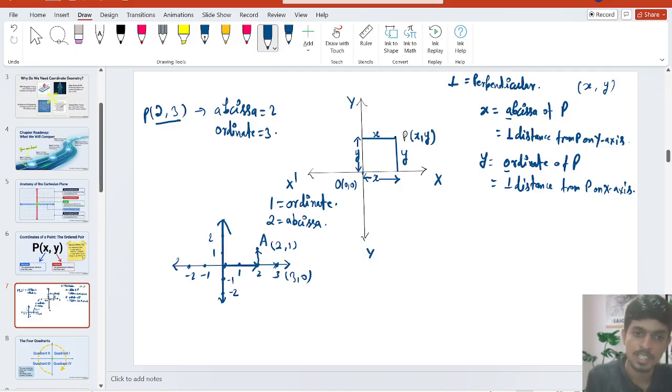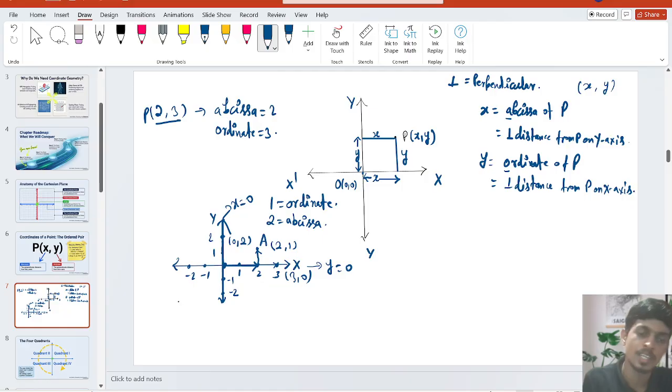Here you see that this is the x-axis and this is the y-axis. If you have to go to this point, we always start from the origin O, and we jump to 2 without going along the x-axis. So here the x coordinate should be 0 and the y coordinate is just 2. If a point lies on the y-axis, its x coordinate, meaning abscissa, is 0, and if a point lies on the x-axis, its y coordinate is 0.